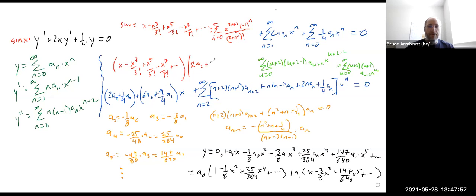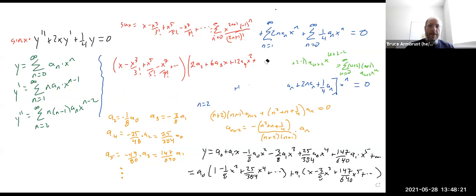And then we're going to get plus 6 a sub 3 x plus 12 a sub 4 x squared plus so on and so forth, right? And then we'd have to FOIL.